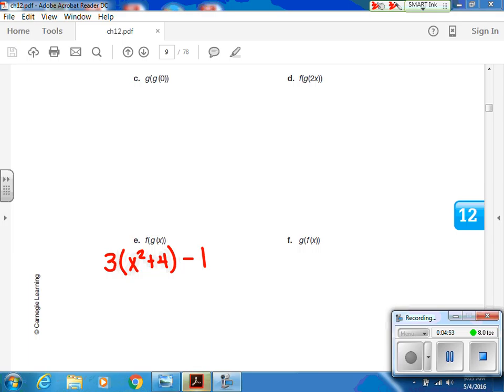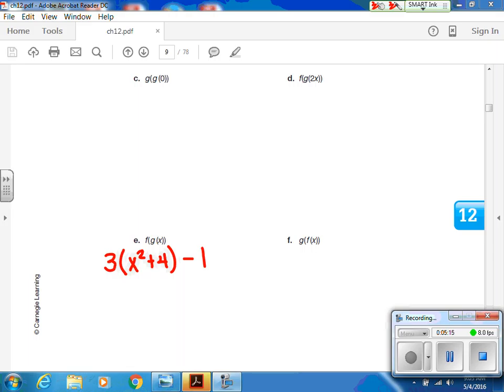And the second thing I want to warn you about, when you come over here, you're going to be squaring the x. Remember, you're going to be squaring over here. You're going to be squaring 3x minus 1.